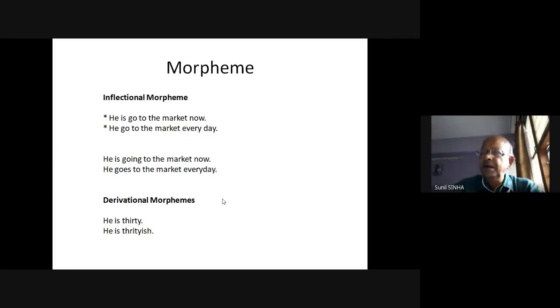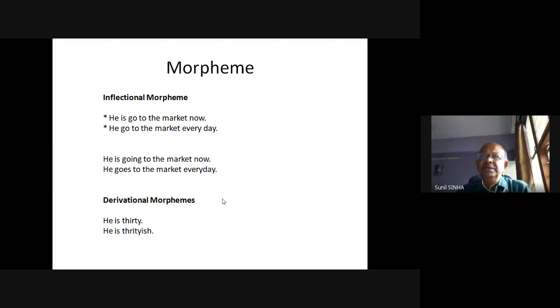That is the concept of derivational morpheme. So a bound morpheme can be an inflectional morpheme or a derivational morpheme. An inflectional morpheme on a word is needed to satisfy the rule of English grammar, and a derivational morpheme is needed on a word to expand its meaning, to change its meaning.